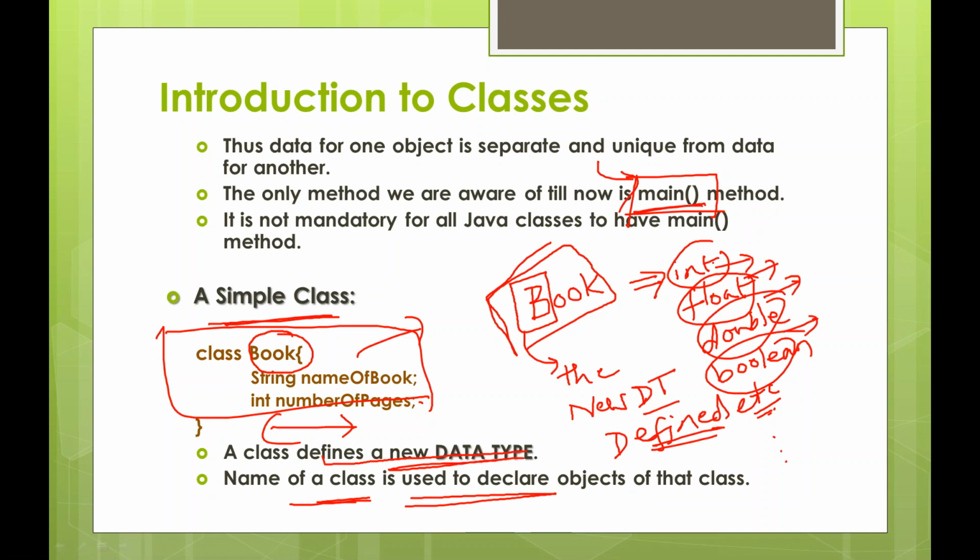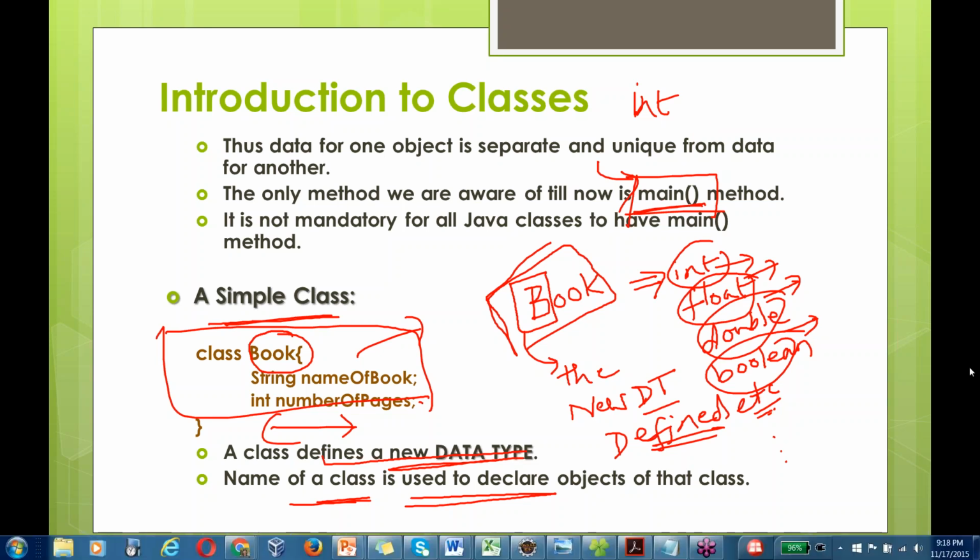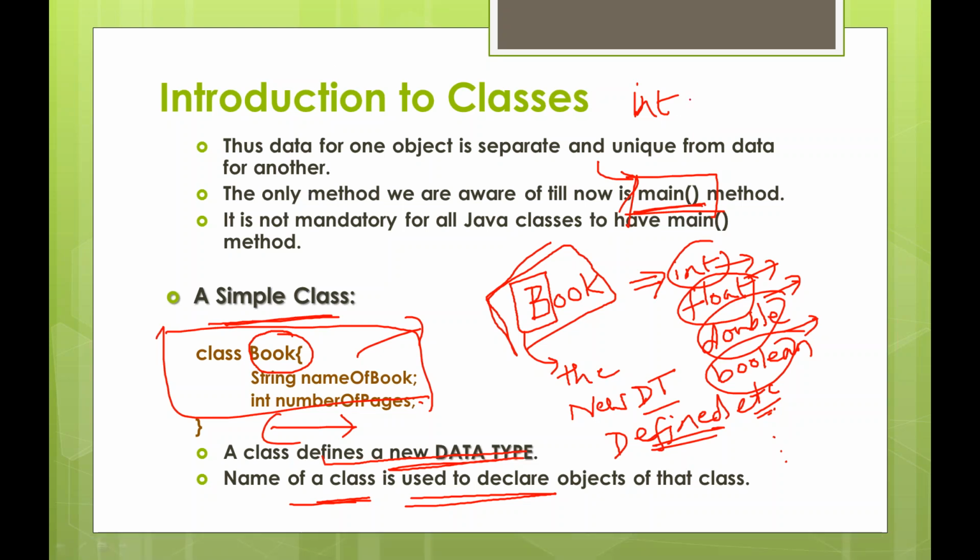To declare a variable of type int. When we say just int, does that declare any variable? It does not declare any variable. When you say int a, that is when you are declaring a variable. A is the name of a variable of type integer.